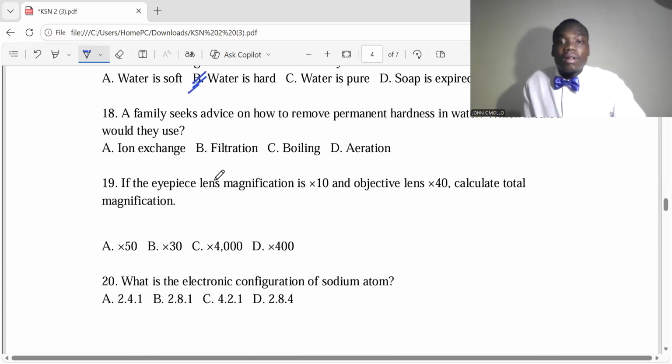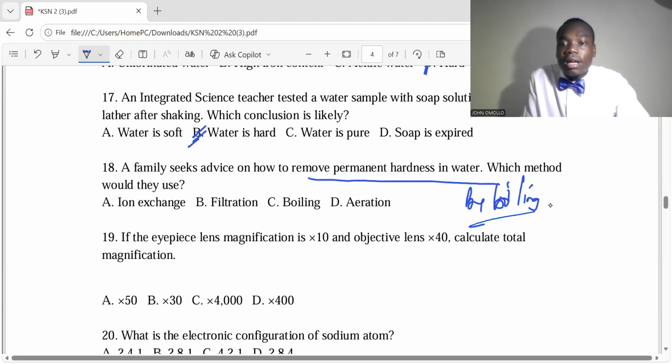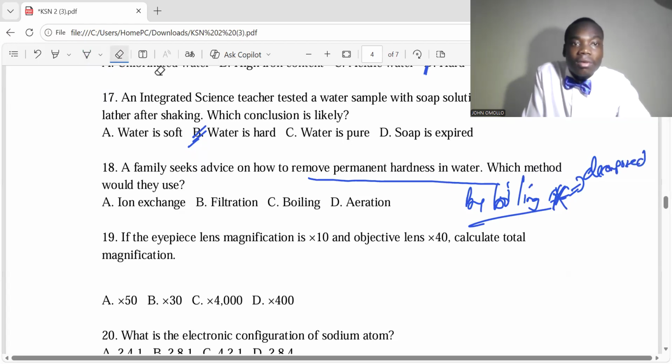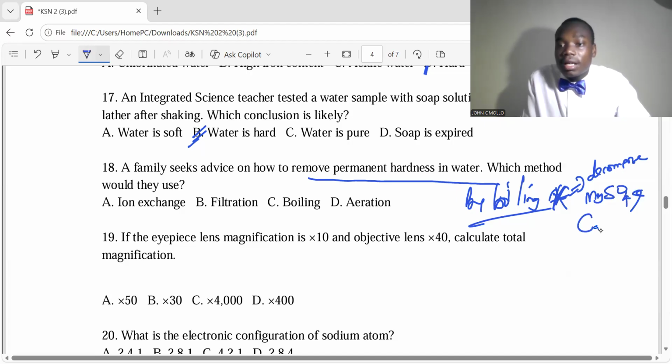A family seeks advice on how to remove permanent hardness in water. You cannot remove permanent hardness by boiling. That is a point that I need you to understand as a learner. Why? Because boiling cannot decompose the salts of calcium and magnesium that cause permanent hardness, such as magnesium sulfate and calcium sulfate, or magnesium chloride and calcium chloride.